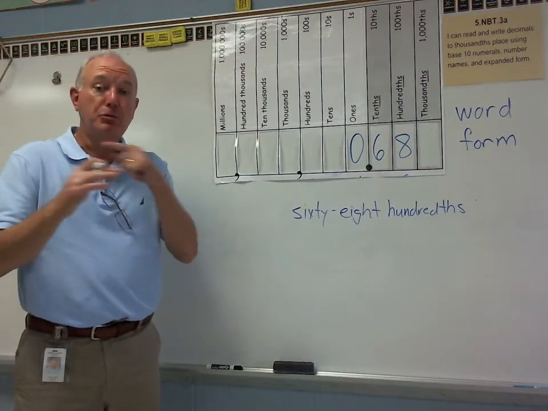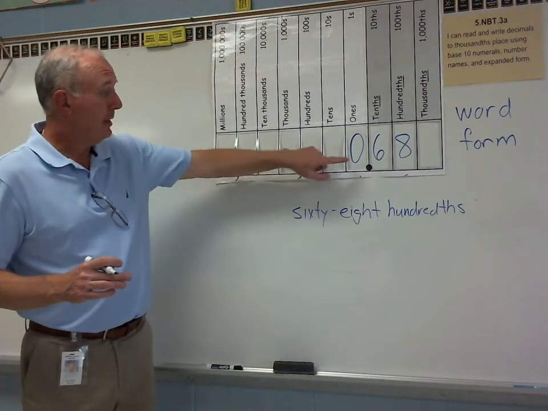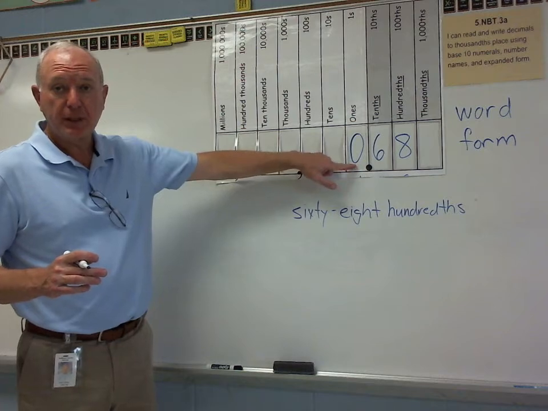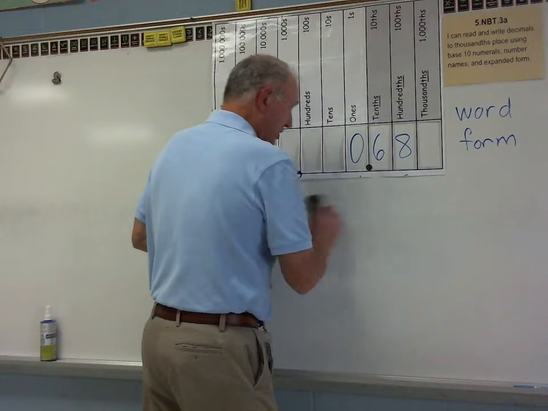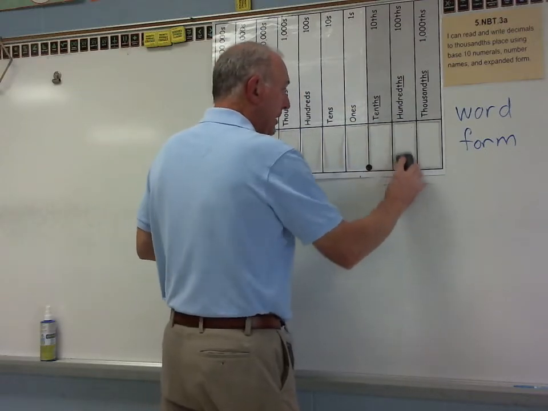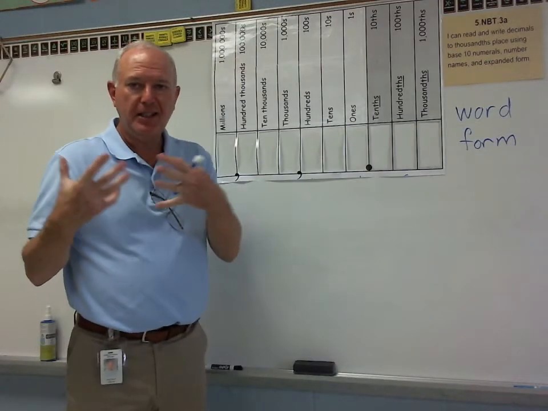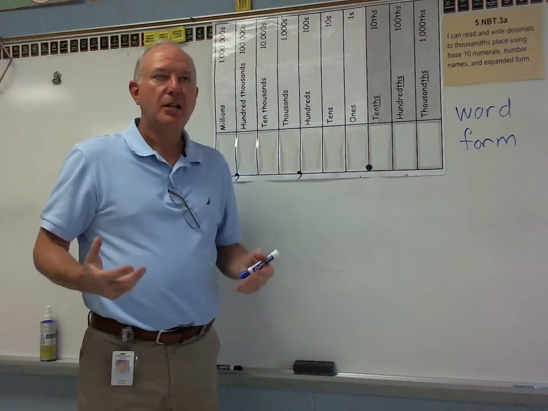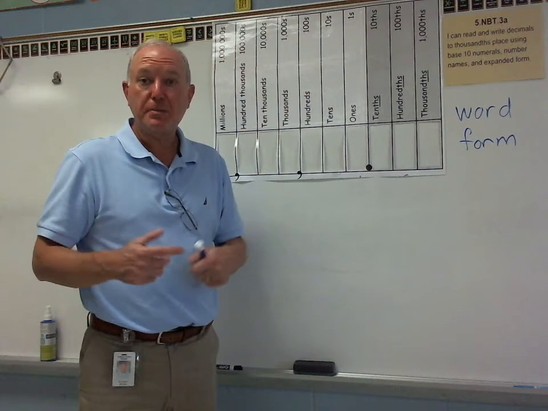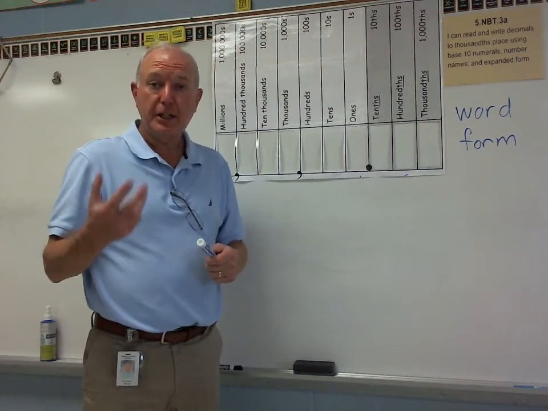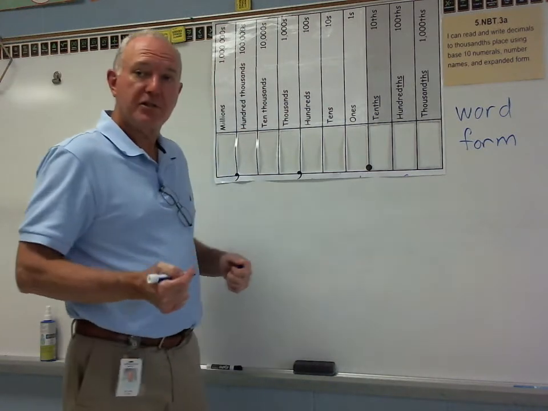Just keep in mind, if you do not see the word and, that means you have a 0 in front of the decimal point. Okay? Let's try a different number this time. And today we're kind of using the odd arrangements, the odd numbers that sometimes cause mistakes in writing and reading in word form. Let's try this one.